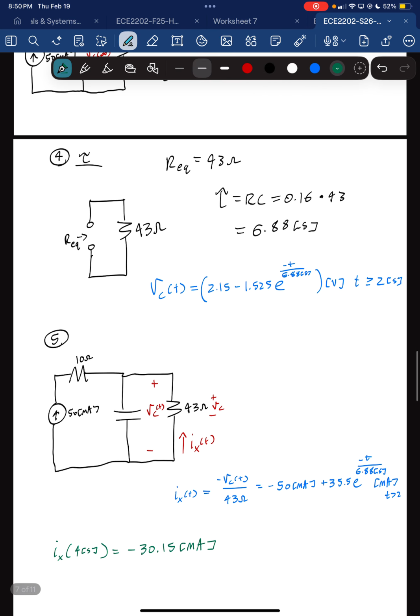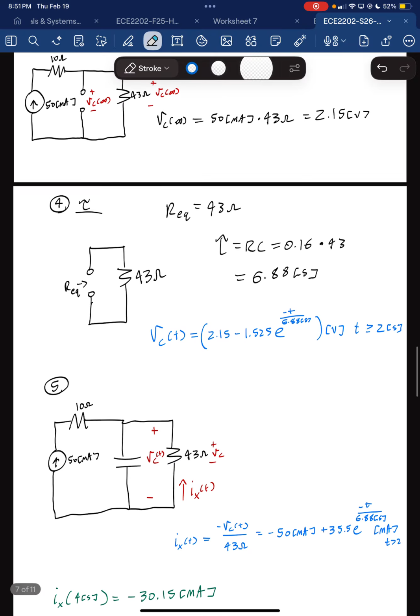And then we take that, Vc of t, 2.15 divided by 43, negative 50, 1.525 divided by 43, plus 35. Negative 50 plus 35.